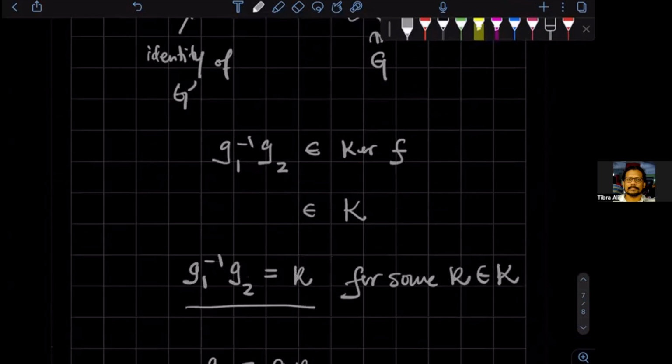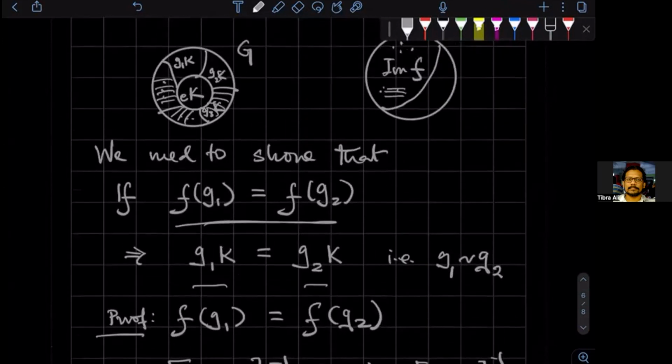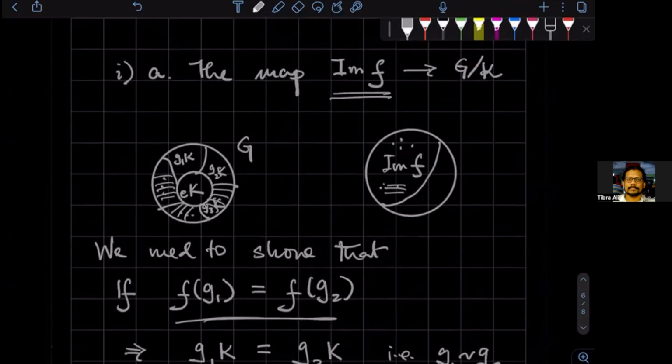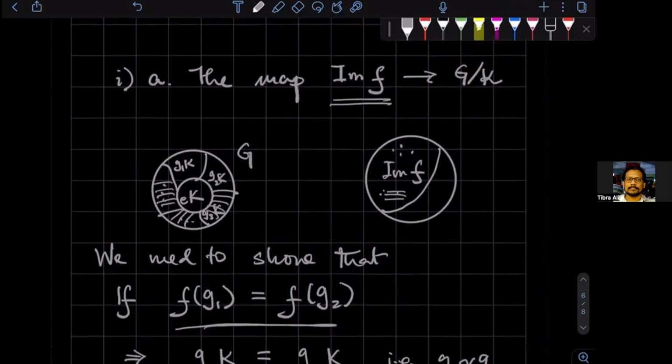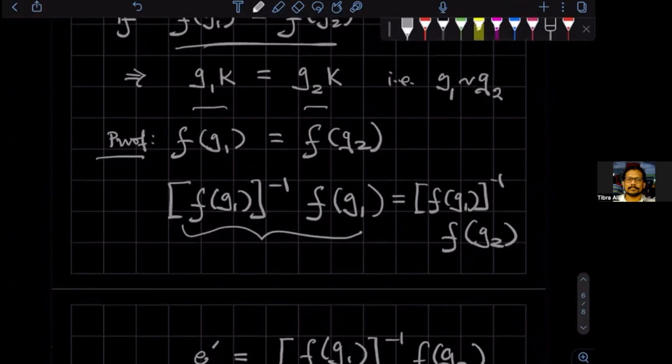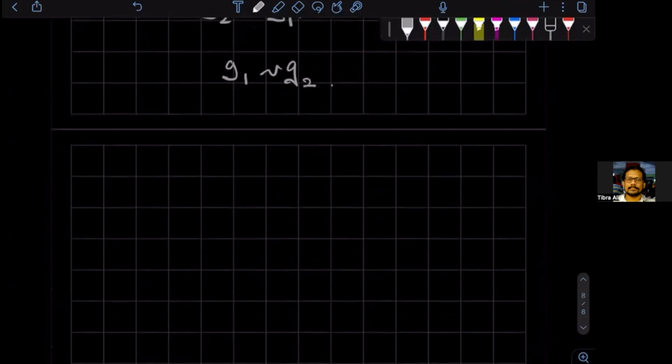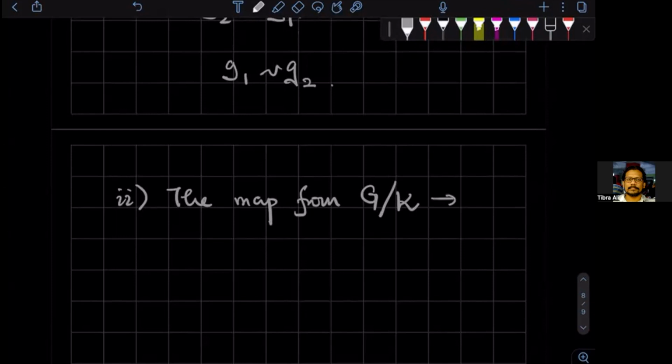All right, so that was the proof that the map from the image of f to G over K is well defined. Now let's look at the other thing, which is you have to show that the map from the quotient group or the coset space G over K to the image of f is also well defined.